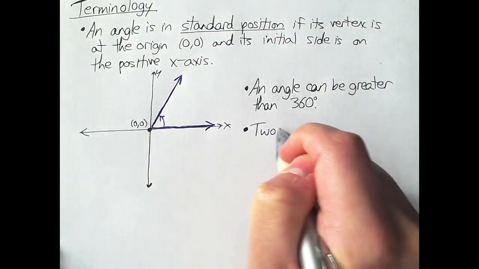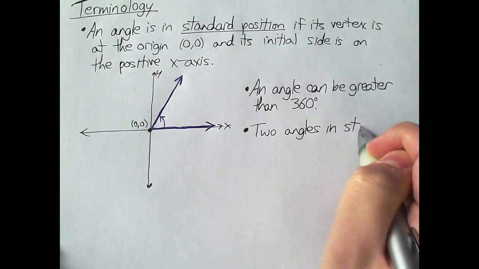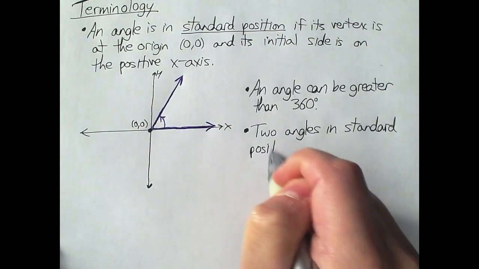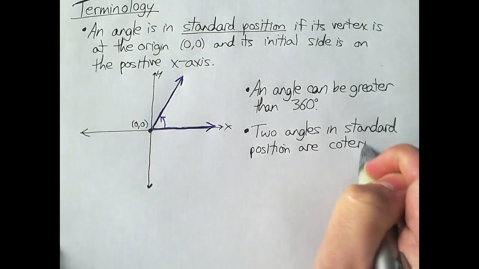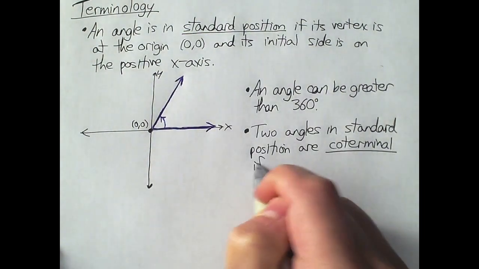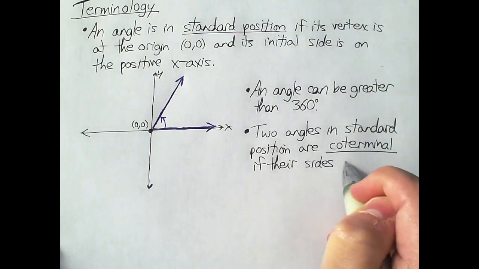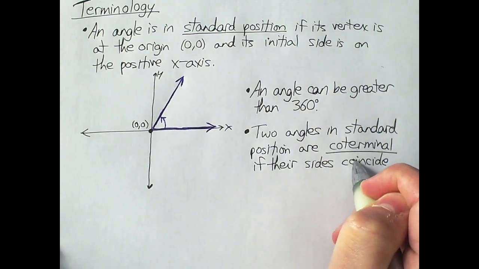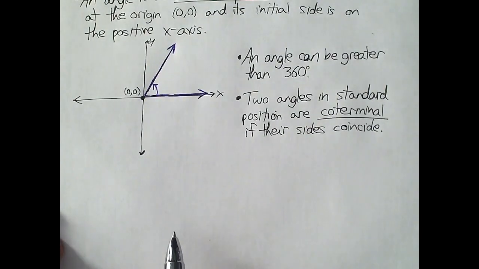Another little piece of terminology: two angles in standard position are coterminal if their sides coincide. So I'll show you an example of coterminal angles.